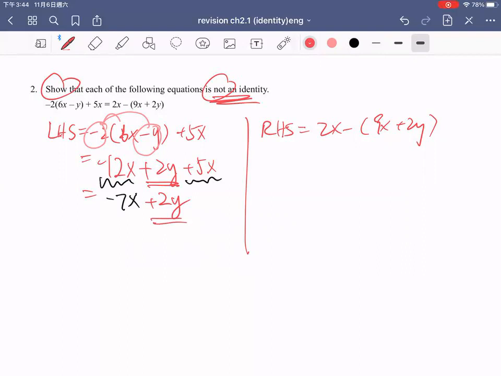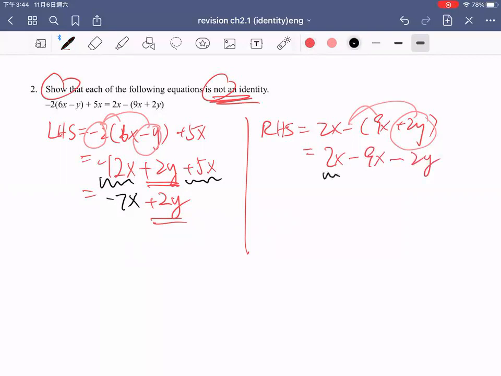Okay, and again for the right hand side, remember, expand it. The negative sign has to multiply by 9x, and also the negative sign has to multiply by positive 2y. Okay, so that gives you 2x minus 9x minus 2y.